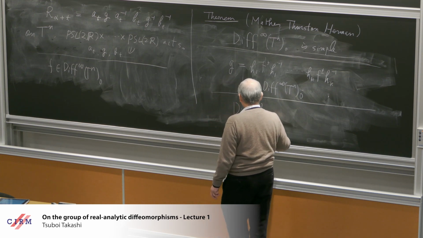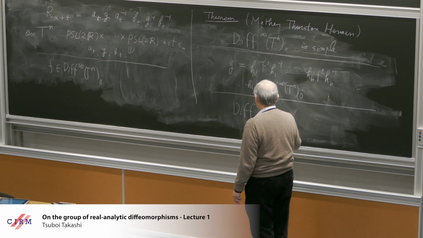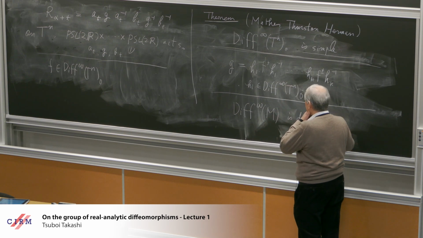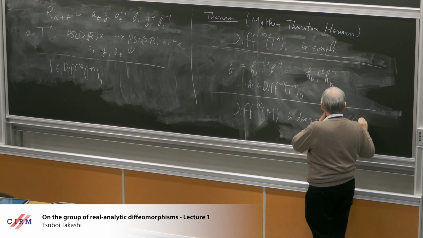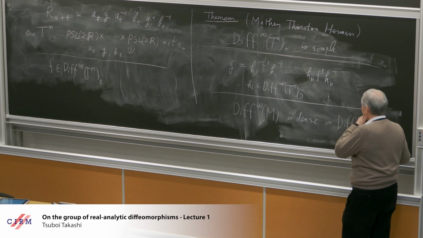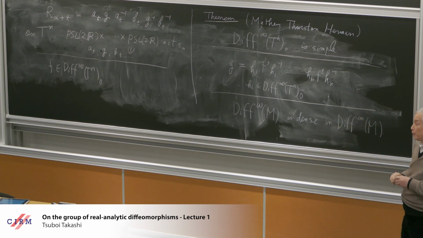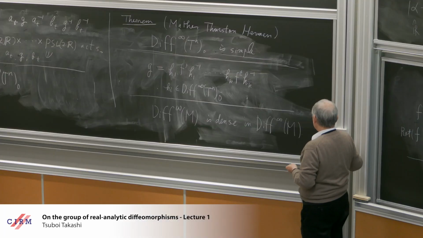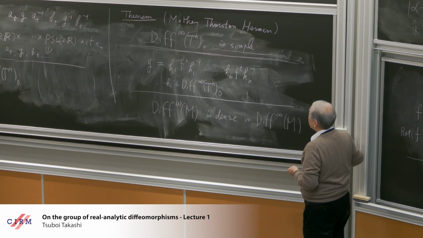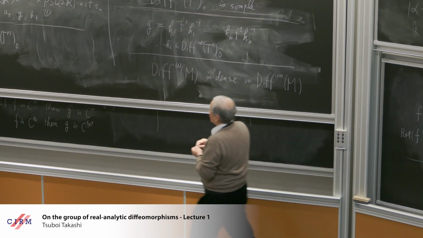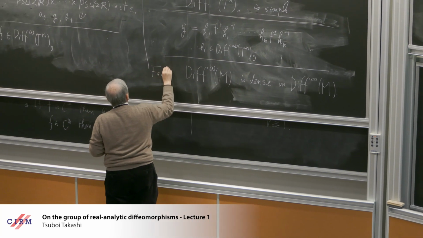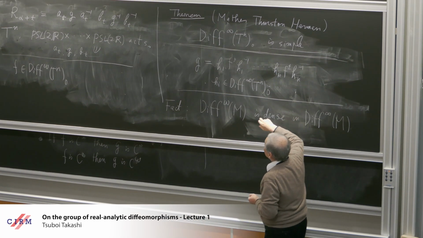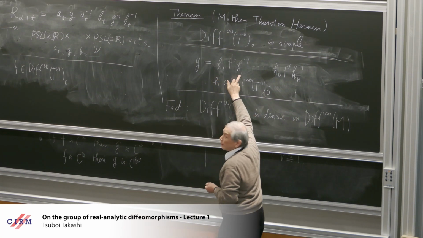Diff omega of any manifold is dense in Diff infinity of M. I should be happy to prove this one, but I prove first these things. And then, so this is a fact.